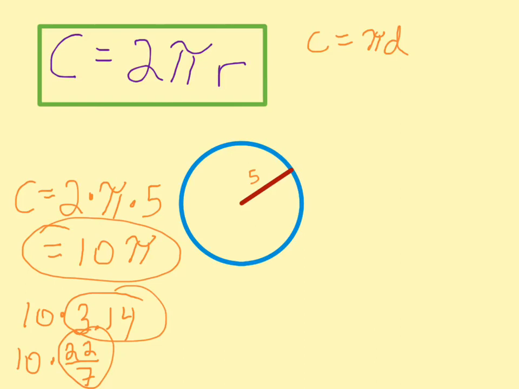The only one that is exact is 10 pi, because as soon as I use a calculator for pi, or approximate it with 3.14, or approximate it with 22 sevenths, I'm getting an approximate answer. So that's how you find the circumference of a circle with the radius.